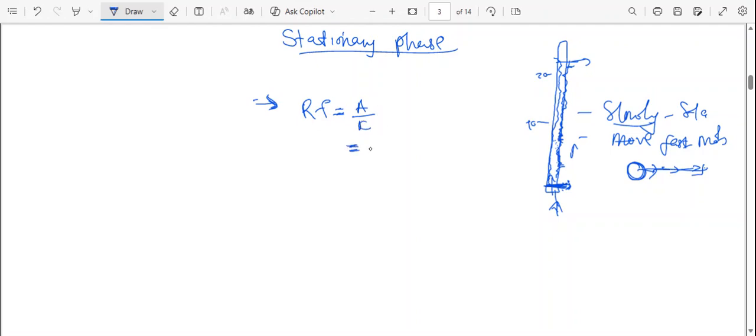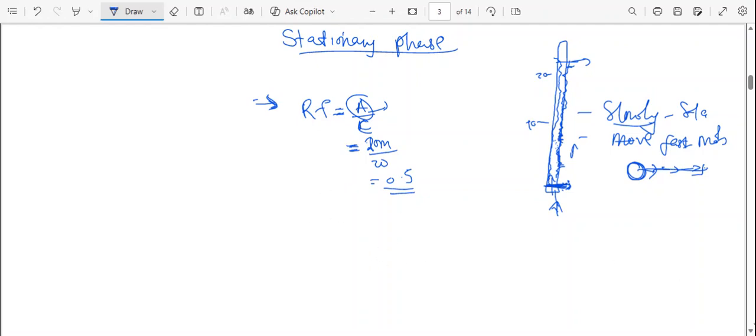For A it moved, let's say, 10 meters, and the column had 20 meters, so this will be 0.5. This ratio lets us detect quantitative information based on the calculation of retention factors.